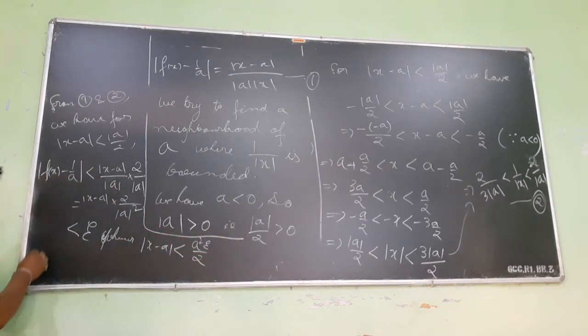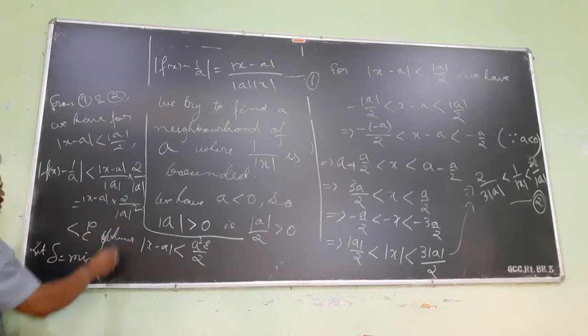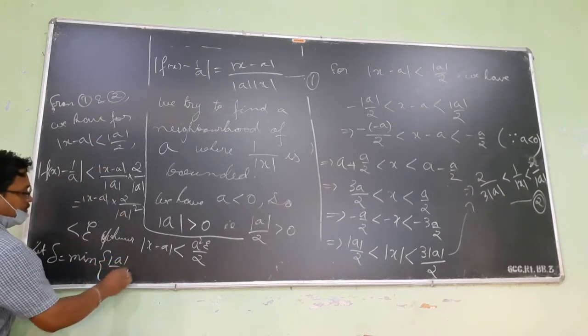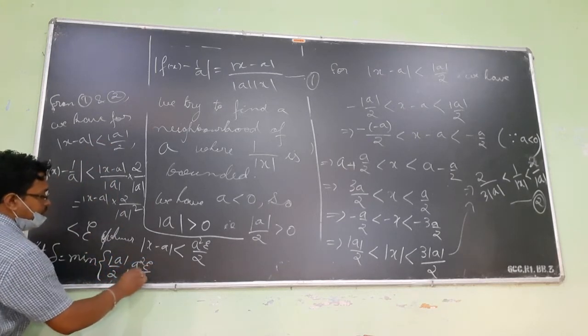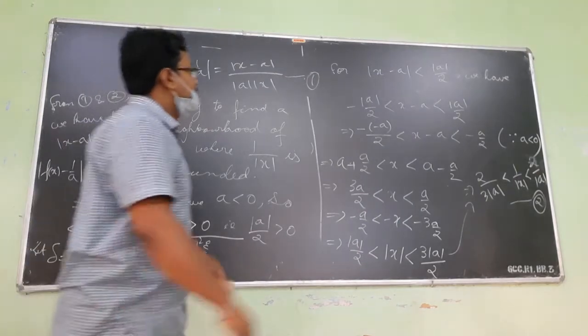So what should be our delta? Therefore let delta equal the minimum of mod a by 2 and a square epsilon by 2. So let us take delta as the minimum of these two quantities, then this difference is less than epsilon.